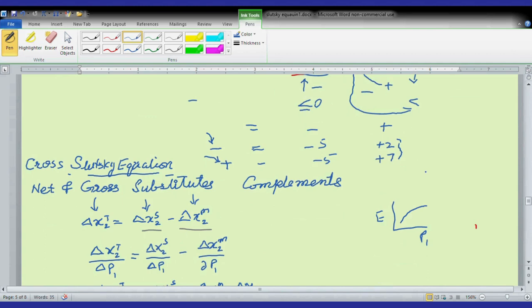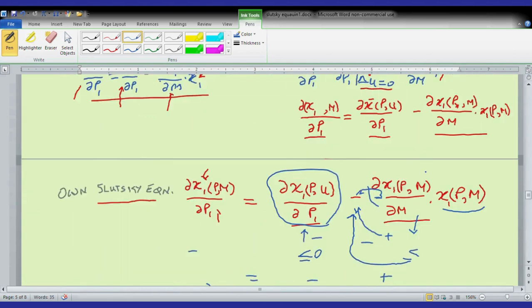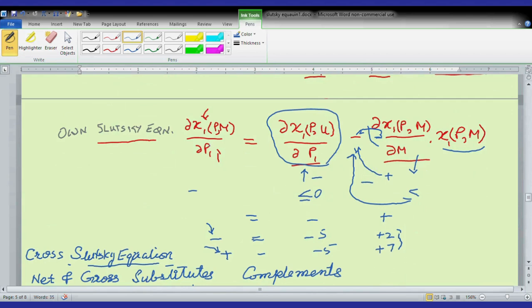So the Slutsky equation is telling us that the slope of the Marshallian demand curve can be both negative and positive: it will be negative in the case of a normal good, it can be negative even in the case of an inferior good when the magnitude of the income effect is less than the magnitude of the substitution effect in absolute terms, and it can be positively sloped when in absolute terms the magnitude of the income effect is greater than the magnitude of the substitution effect.